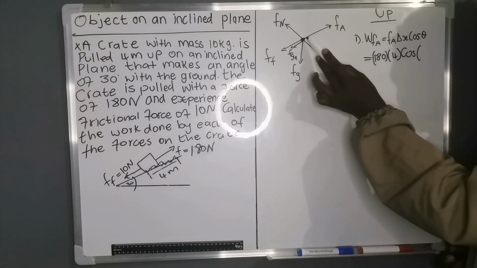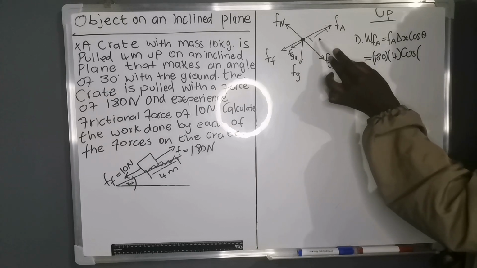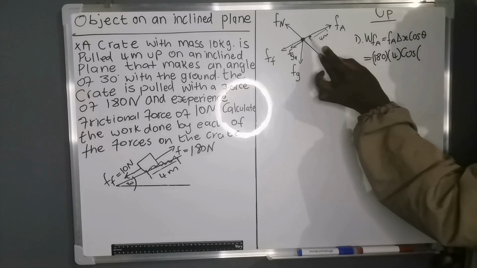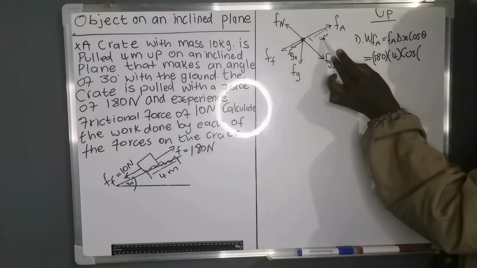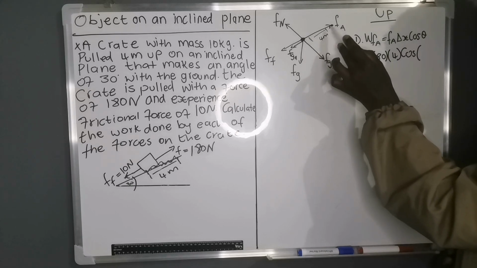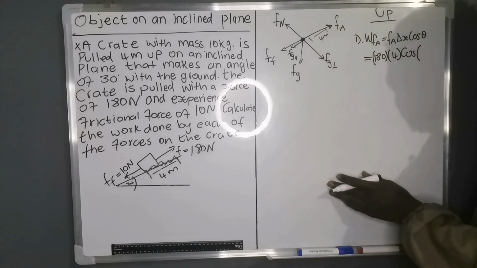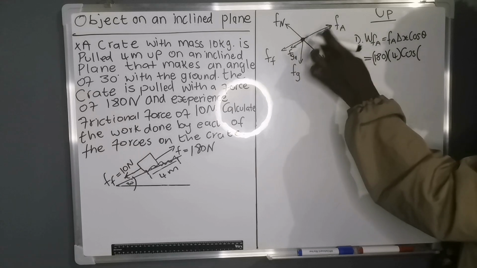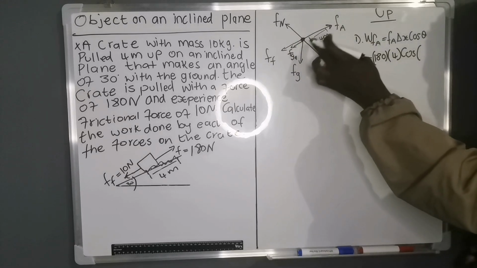Our displacement, the 4 meters here, is on the same line as the applied force. They're on the same arrow. What is the angle there? It is 0. There's no angle between our applied force and displacement, because they're in the same direction.